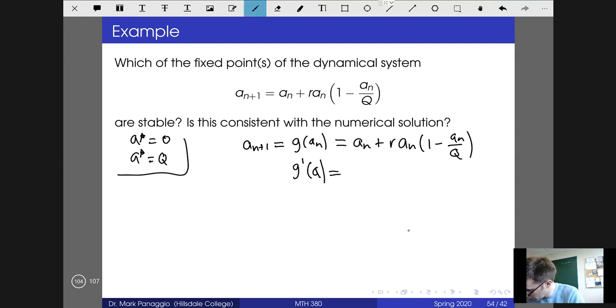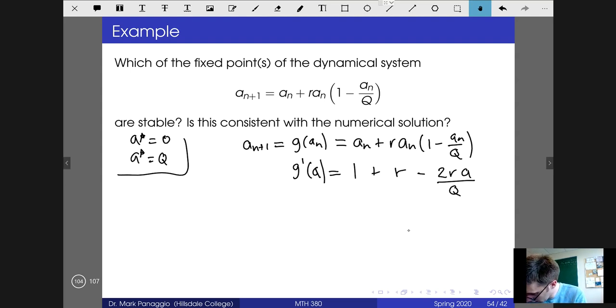The derivative of a n would just be 1, plus, now if I look at the expression above, I have r times a times 1. Its derivative is just going to be r. Minus, I'm going to have a squared times r over q if I FOIL that out. And so its derivative will be 2ra over q. All right, so there's my derivative.